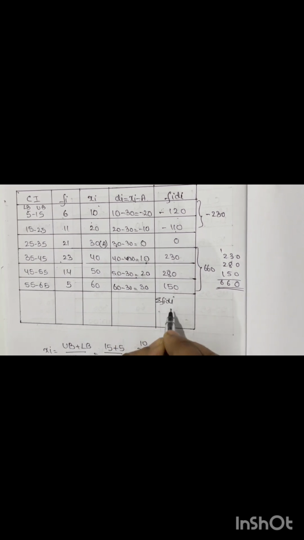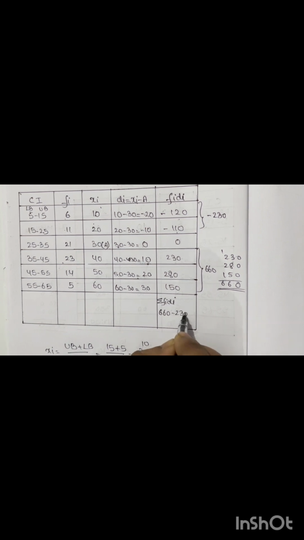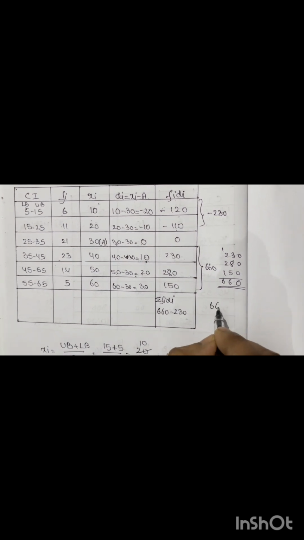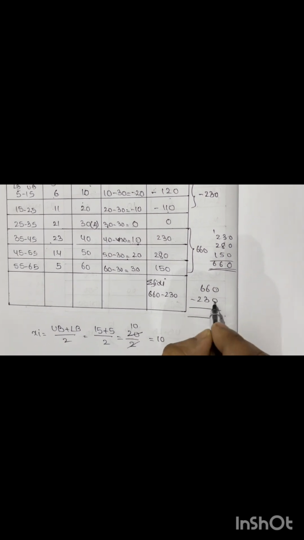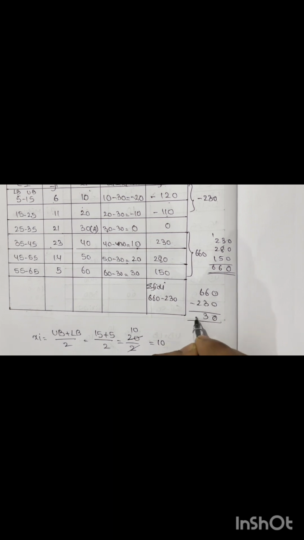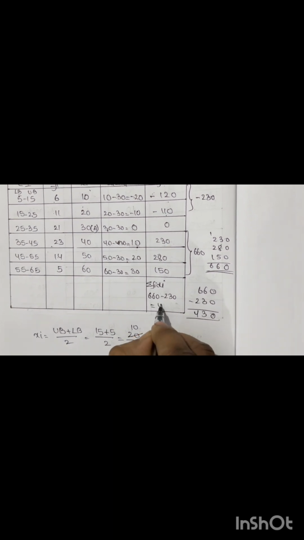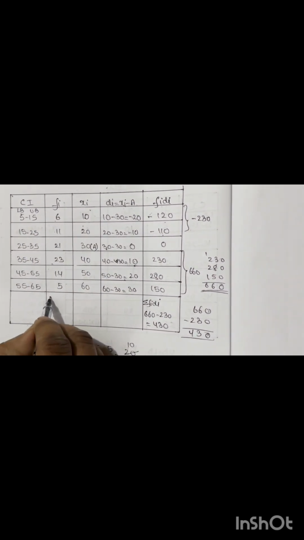Now calculate sigma fi di. It is 660 minus 230. 0 minus 0 is 0, 6 minus 3 is 3, 6 minus 2 is 4. What we got is 430.